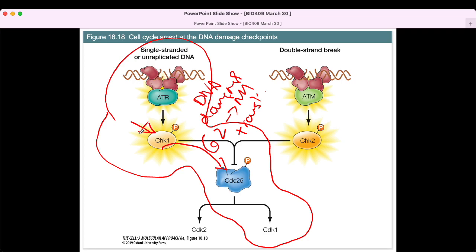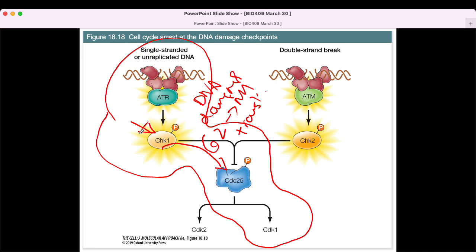And so you would say CDC25 is upstream of CDK1 activity. And it needs to remove the inhibitory phosphates to allow CDK1 to do its job. So that's how it activates CDK1. CDC25 removes these inhibitory phosphates, and now it's active. So, to do that, CDC25 needs to be active.